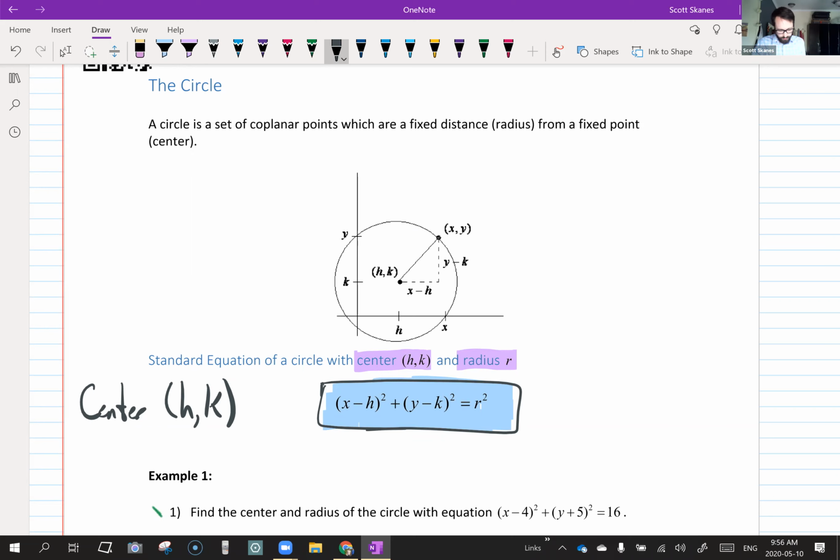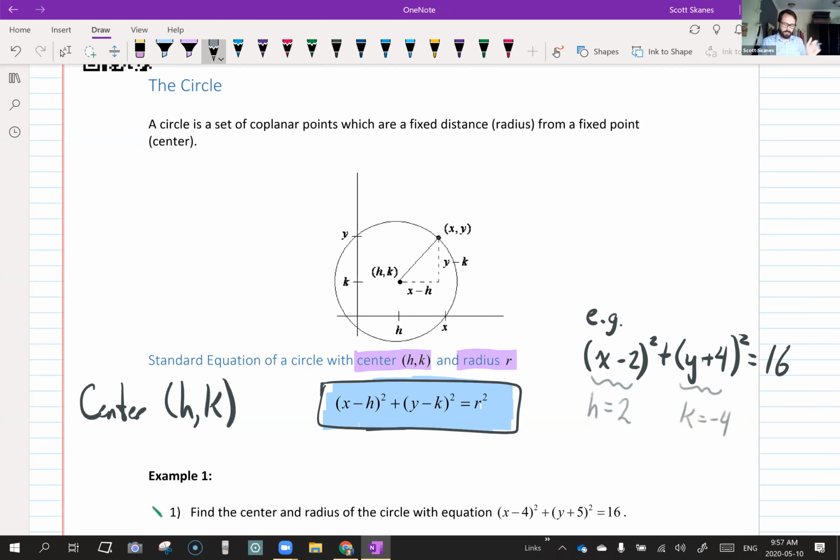Let me show you something. For example, you're given the equation (x minus 2) squared plus (y plus 4) squared equals 16. You could tell me what the center of the circle is and what the radius is. From this, h must be 2. From this, you can tell me k is negative 4, because again, you just change the sign.